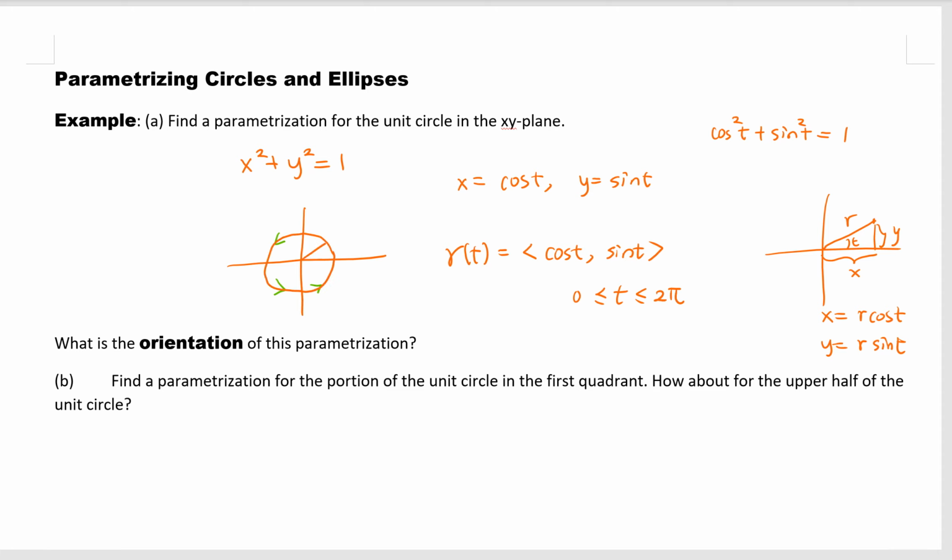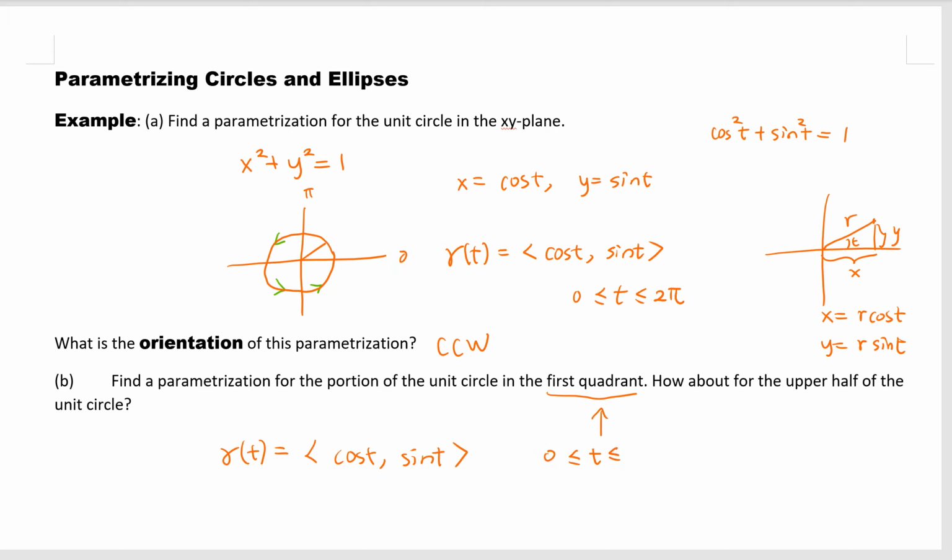Okay, so the orientation is counterclockwise. Part B, find a parametrization for the portion of the unit circle in the first quadrant. How about for the upper half of the unit circle? In this case, our gamma expression is still the same, but for the first quadrant, t goes from 0 to what is this?